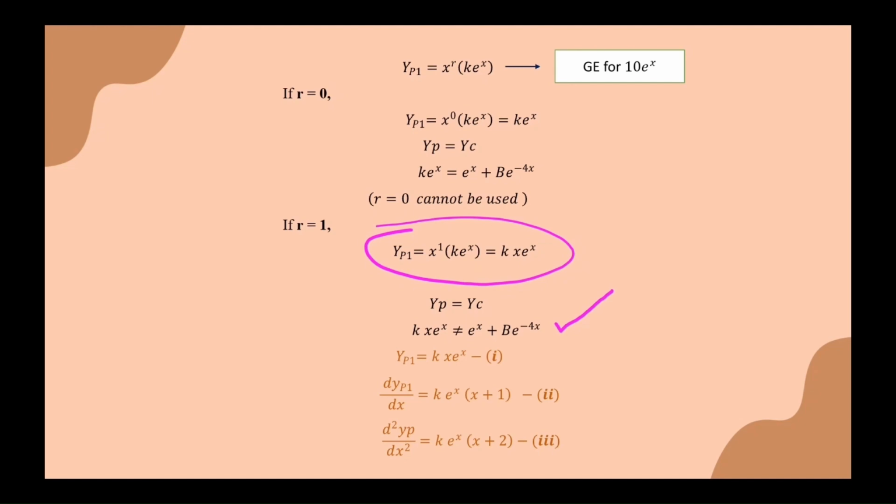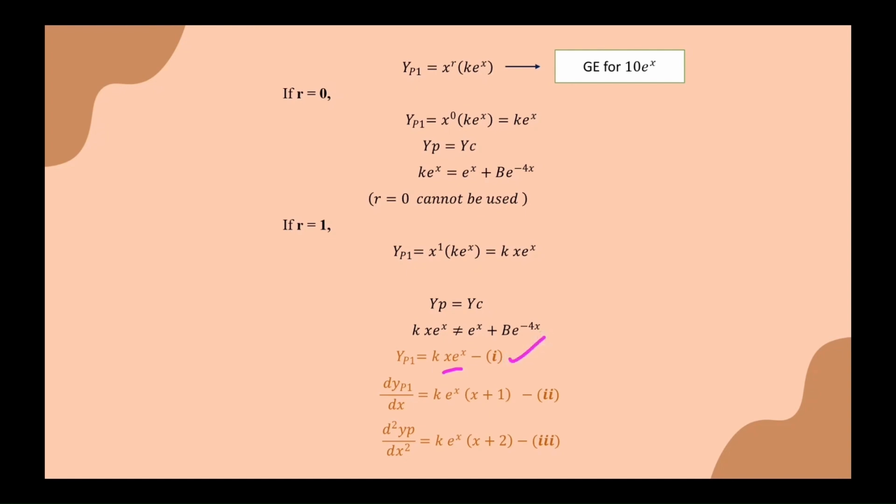So let's figure out. As we all know, yp is equal to k x times e^x.